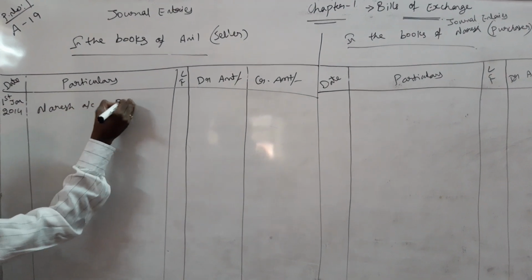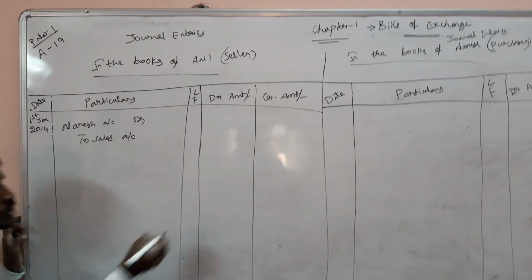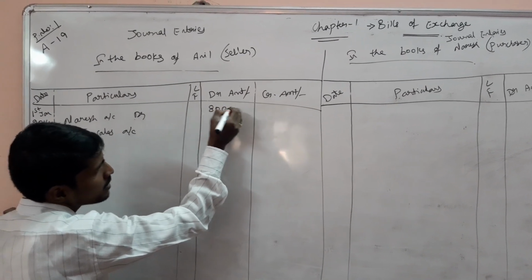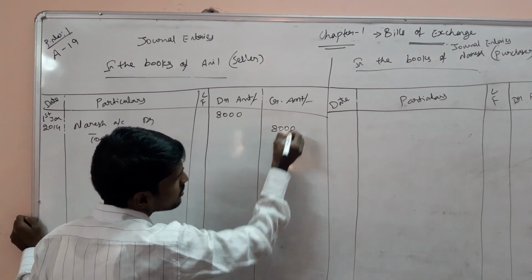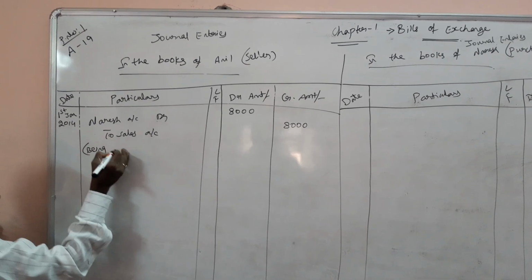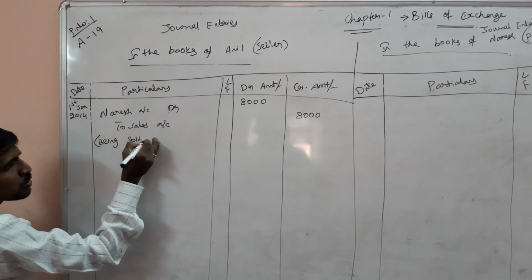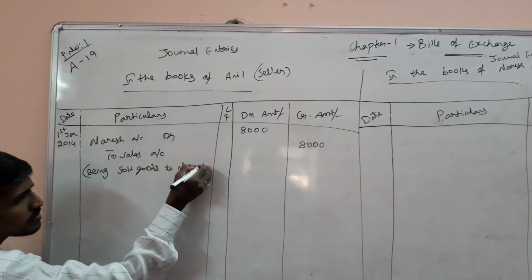Naresh account debit to sales account. The amount will be 8,000 in the debit side and 8,000 in the credit side. So write the narration: being sold goods to Naresh. This is the narration.